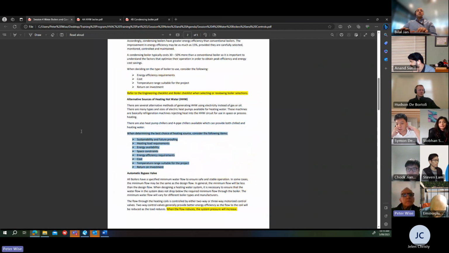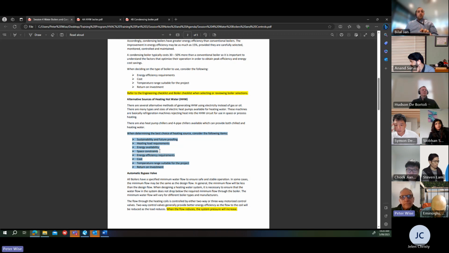So when determining the best choice of heating source, consider the following items. Sustainability and future proofing. As I said, gas may not be available in the future. Keep yourself abreast of those developments and select the heating source that's going to be good for the life of the project. Heating load requirements, energy availability, space constraints.